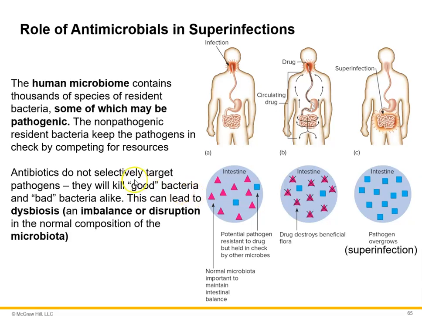However, when you take an antibiotic, it doesn't just kill the pathogens. It's also going to kill good bacteria who are just living their lives. And when you do that, you worry about leaving behind drug-resistant pathogens that can then overgrow and cause a superinfection.